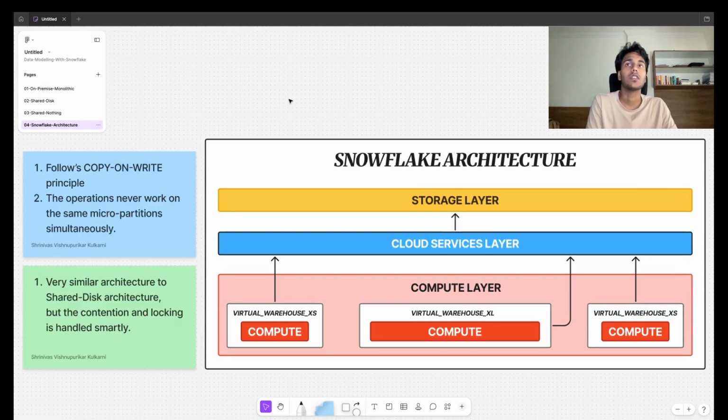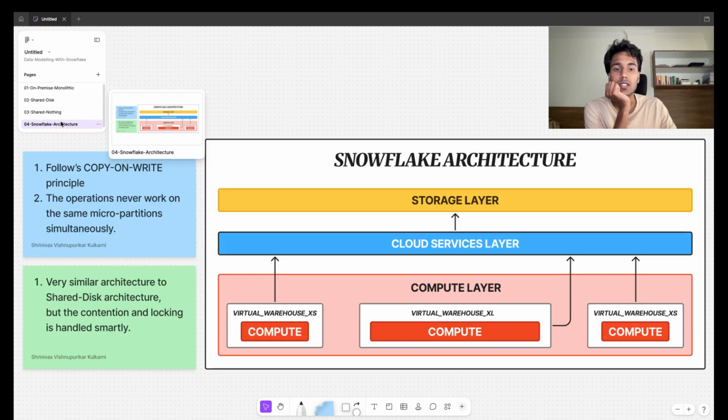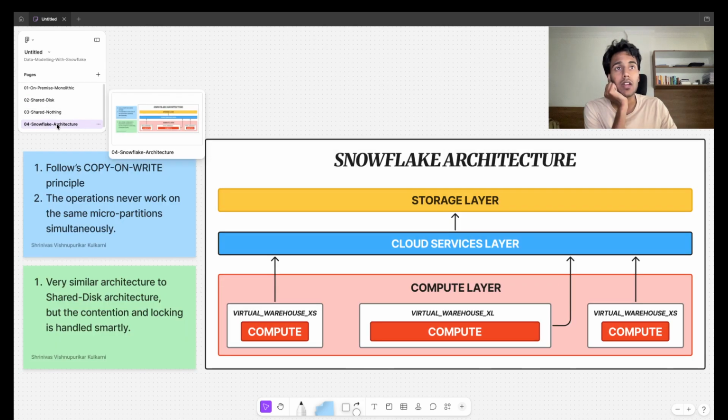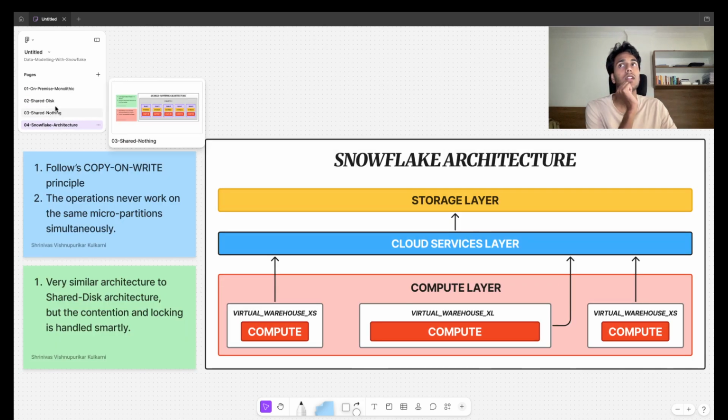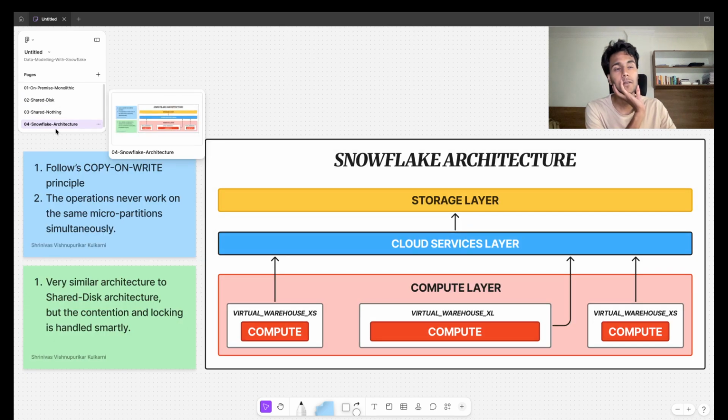Now here comes the hero of our video, which is Snowflake's architecture. If you observe very carefully, the storage is centralized. Then we have scalable compute resources as well, as in different clusters that have been configured over here.